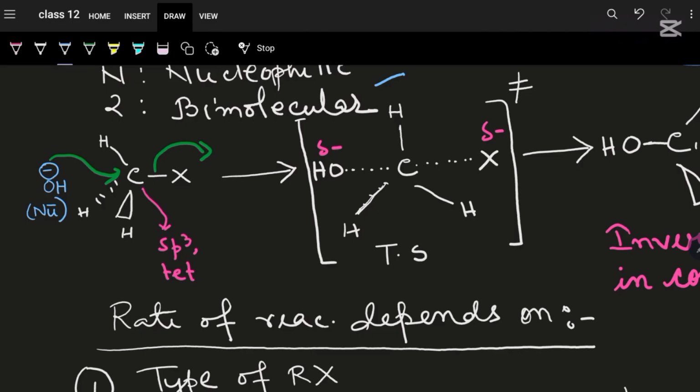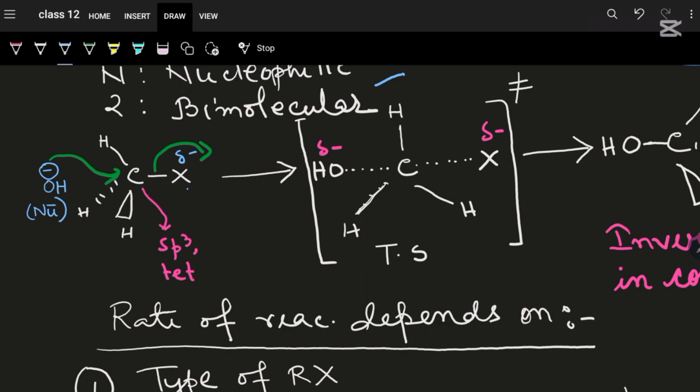Here, this is RX, CH3X, where carbon has sp3 hybridization and a tetrahedral structure. OH minus is attacking from the rear side of X, because X has a delta negative polarity. If it attacks from the side where X is, there will be repulsion.